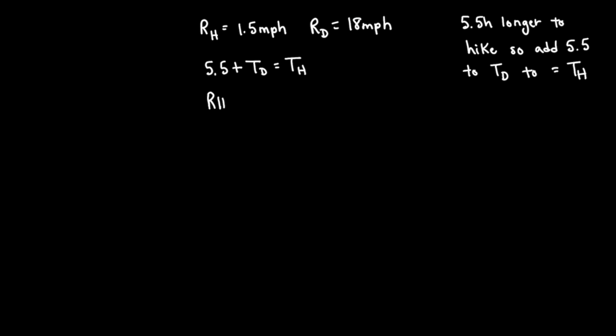And again, because we know the distance is the same, we will be able to set the rate times time of each to one another. So RH·TH equals RD·TD, where H stands for hiking and D stands for driving.